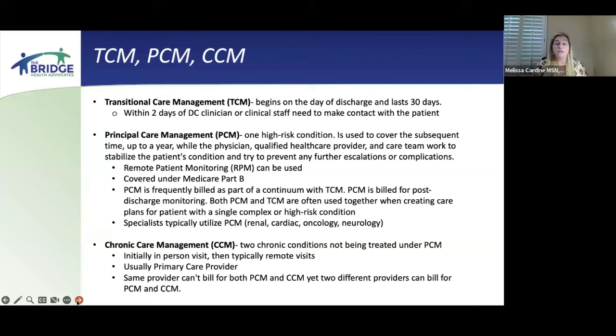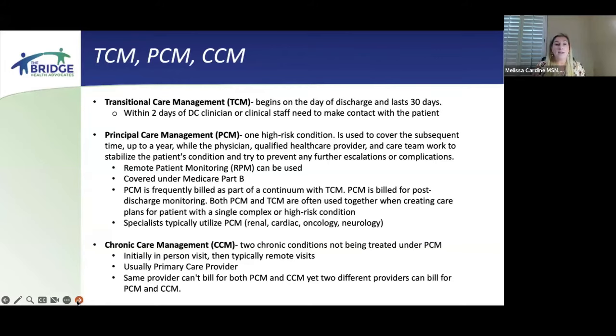So I just wanted to make sure that as we talk about principal illness navigation, if you're not familiar with TCM, PCM, CCM, that you go back and truly understand what these are and how they can benefit your patients or your clients.